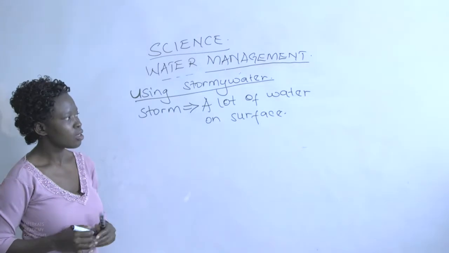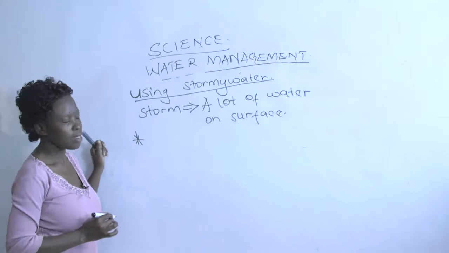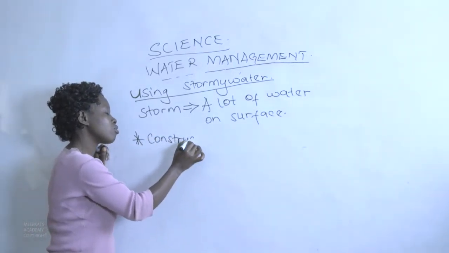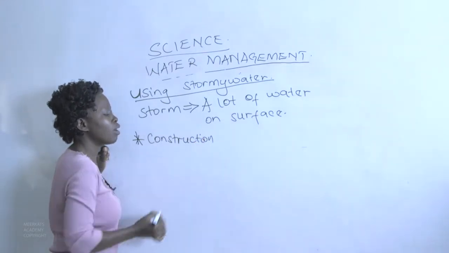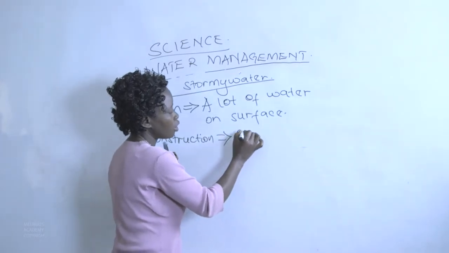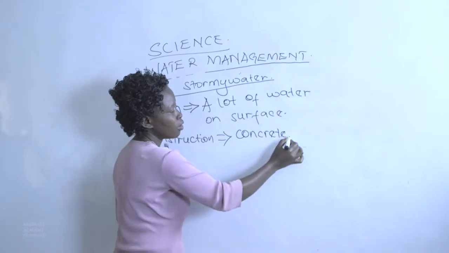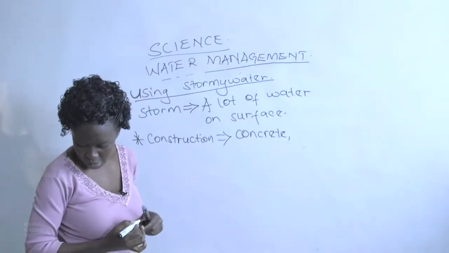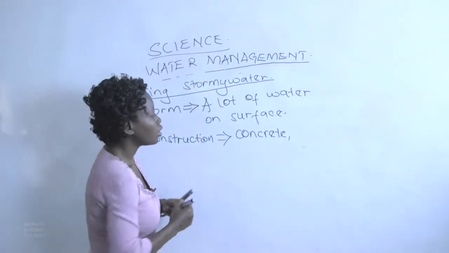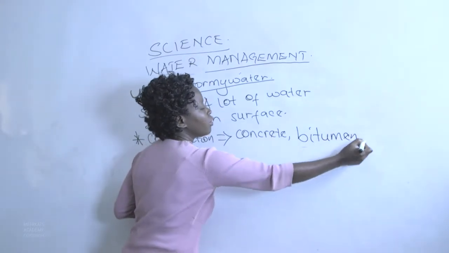So we are having this water that has been available on the surface of the earth. So you find that in the recent developments, there are a lot of constructions that have taken place. So with this construction, we find that people have ended up using concrete in the process of the construction. We have also materials such as bitumen that are used.